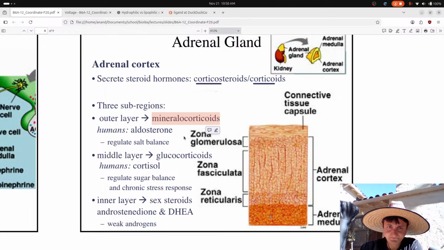And then we have glucocorticoids, which are like cortisol. And then finally, sex steroids. And this is going to be like androstenedione. Androstenedione.